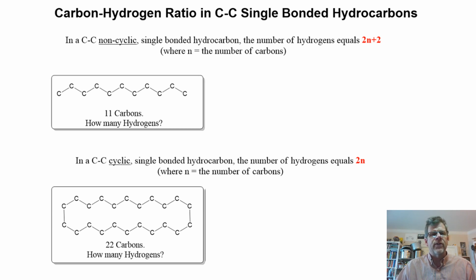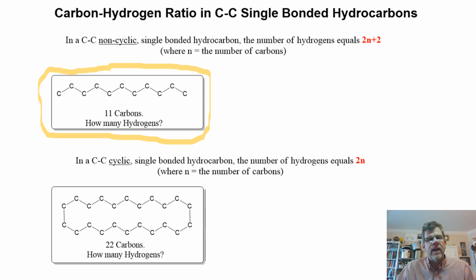Specifically, if we look at this over here on the upper left, we find an 11 carbon chain right here. And if we asked how many hydrogens are on it, we could draw in all of the bonds on each carbon to satisfy the rule of 4 and decorate them with hydrogens, or we could count the number of carbons and put them together in a very simple expression, 2n plus 2.